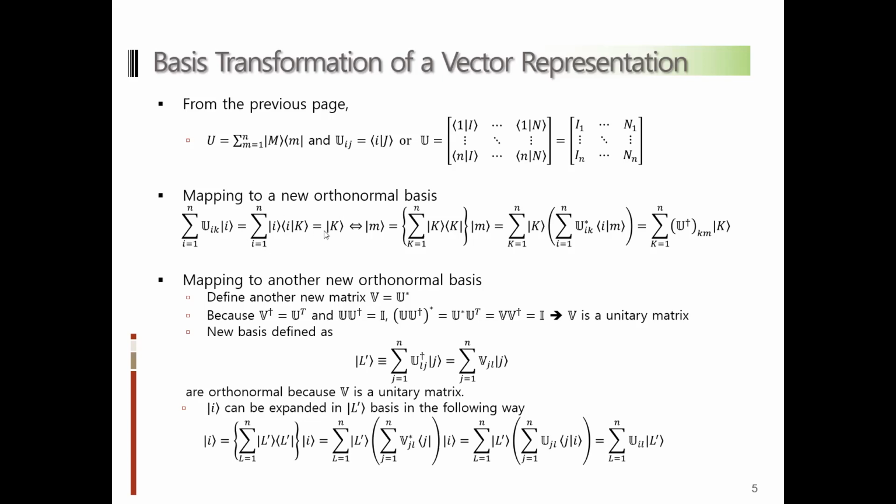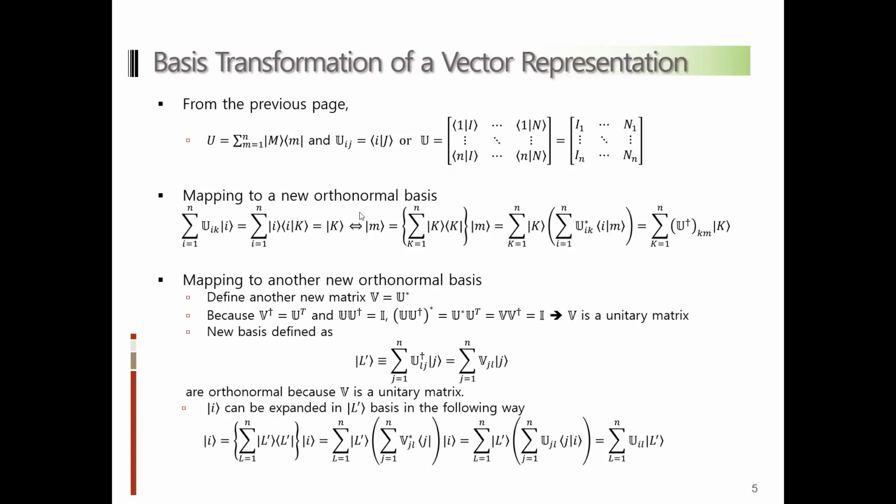So this will just turn into the K. And when we started with the definition of this operator, all of these were supposed to be orthonormal basis. So this kind of combination will just turn into another set of the orthonormal basis.